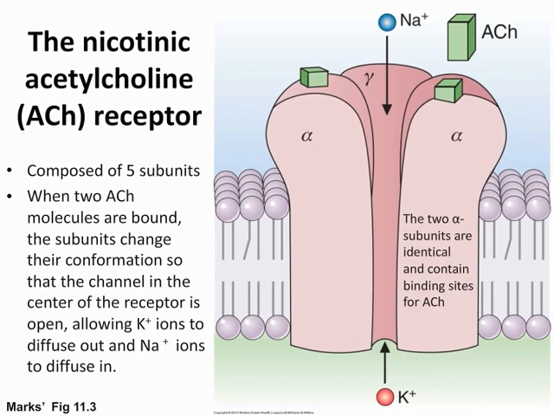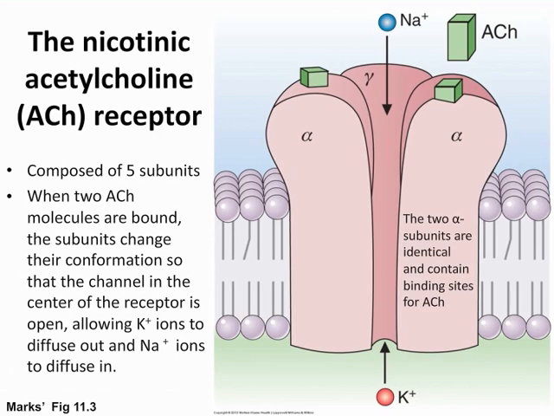Here we're still talking about the acetylcholine neurotransmitter. This is just zooming in a little bit. Remember, it acts on the nicotinic acetylcholine receptors. The receptor is composed of 5 subunits. If you look, there's only 3 to keep things simple. There's 2 alpha and 1 gamma subunit.